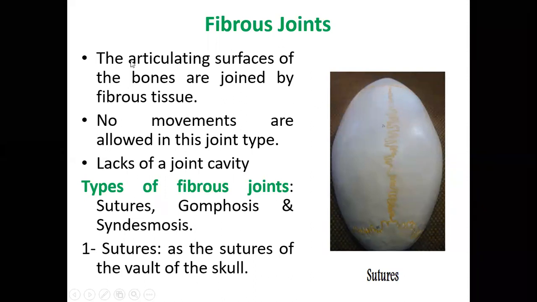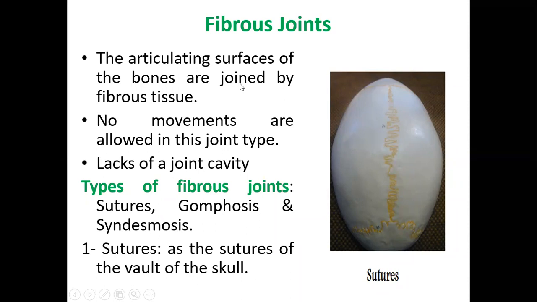This is the fibrous joint. The articular surfaces of the bones are joined by fibrous tissue. There is a thin layer of fibrous tissue in between the two bones. Such joints are called fibrous joints. No movements are allowed in this type of joint. As you know, in the skull bones there are no movements. Still they are called joints, even though there is no movement.